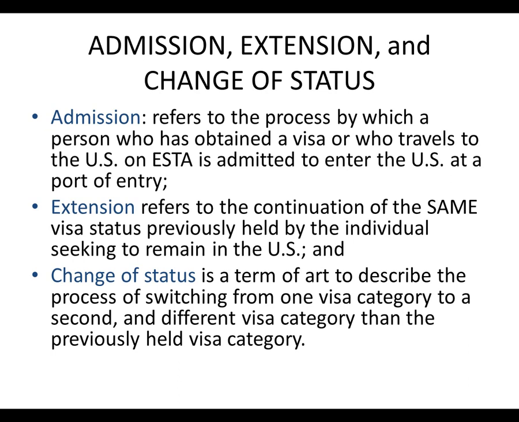So that would be if you were going from either a B1, B2 visa to, let's say, a student visa, also known as an F visa, or if you were switching from, and we will cover this in greater length in future slides, if you're going from a B1 or B2 visa to an immigrant visa, like a green card, through the I-130 or I-140 sponsorship process. And so that is referred to as a change of status because you are changing from one visa category to another rather than extending, which again is the same visa category.